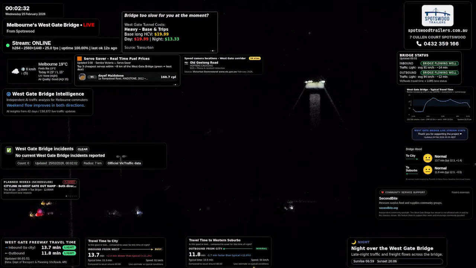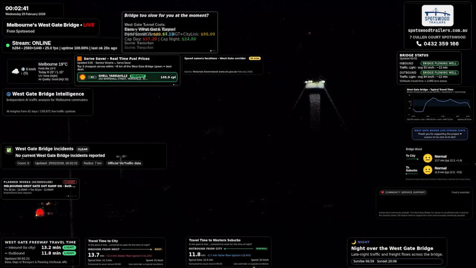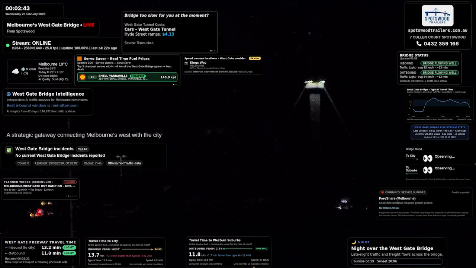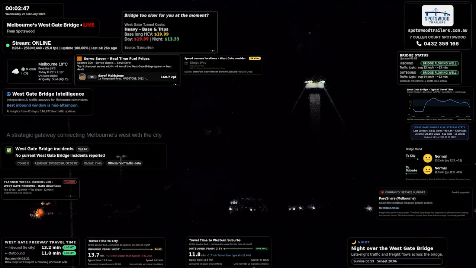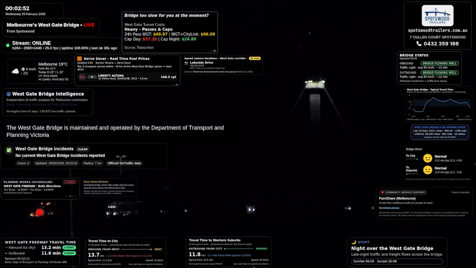Now, the graph is an important graph because in real time it's calculating based on all the travel journeys. I've got about 117,000 travel events that have been logged, and the graph is showing the best and the worst times to travel.